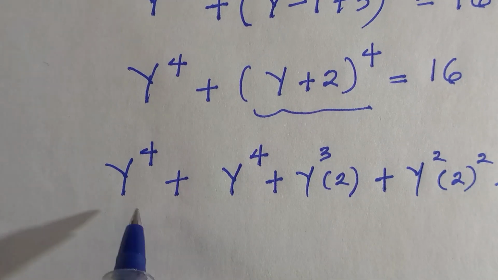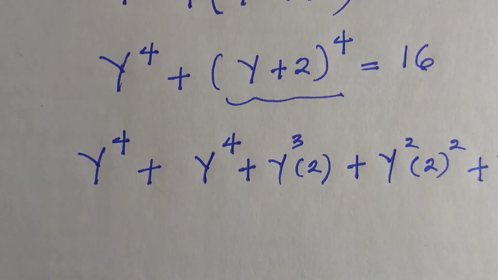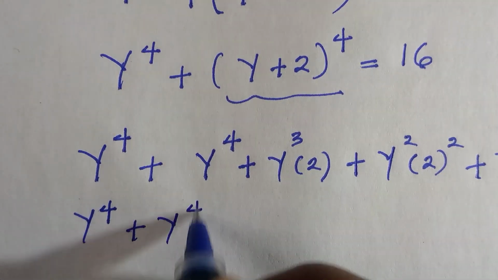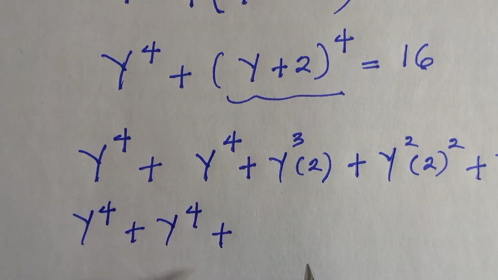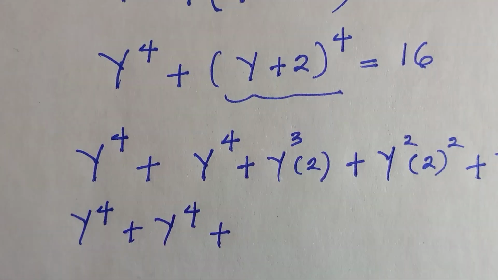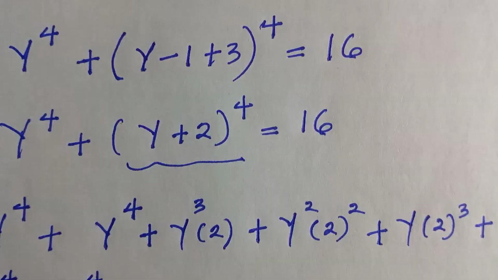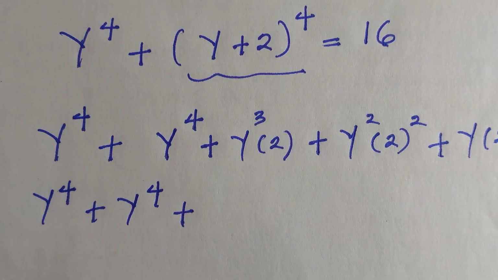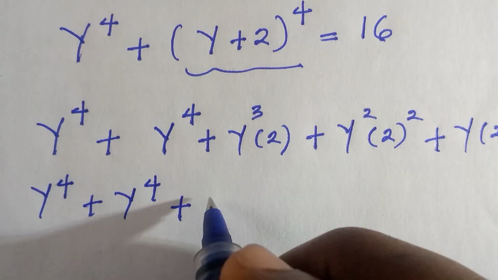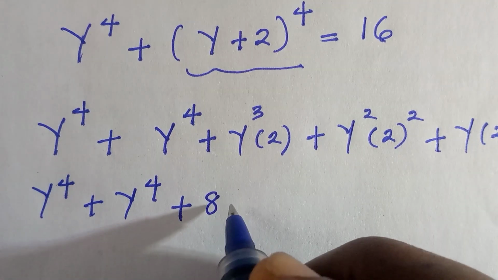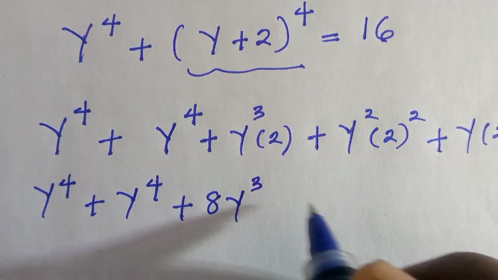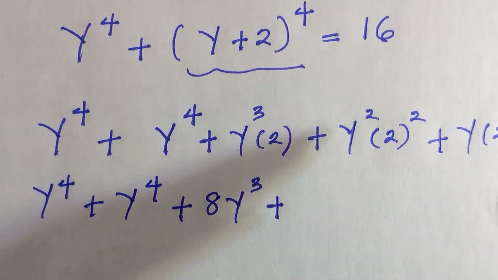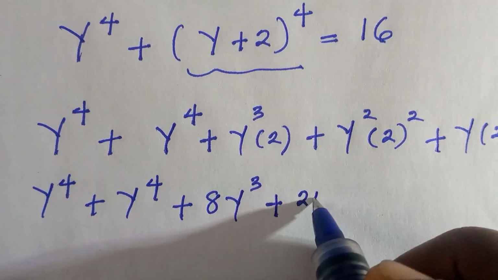So here we have y^4 plus y^4, which has taken 1. Don't forget what we used above. Then followed by 4, and then we have 2 beside it, and 4 multiplied by 2 is 8. Then y^3 plus, followed by 6, and if you multiply 4 by 6, that is 24.